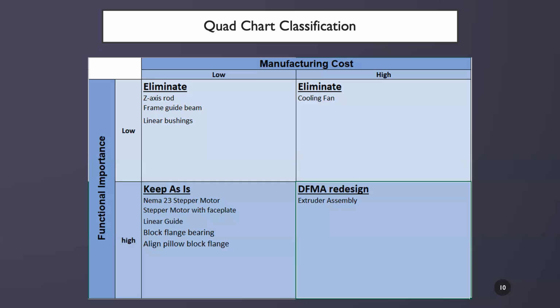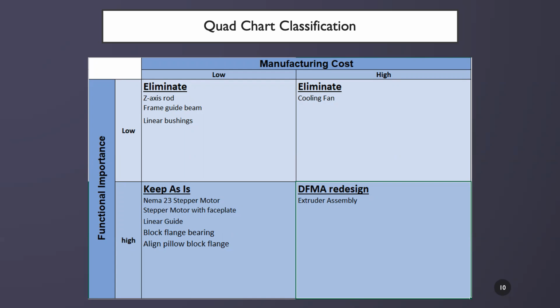Here you see our quad chart classification. Across the top is the manufacturing cost, low and high, and the functional importance across the left, also low and high. The top left is low importance, low cost, but it is a means for elimination from our design. High manufacturing cost with low functional importance will also be eliminated.